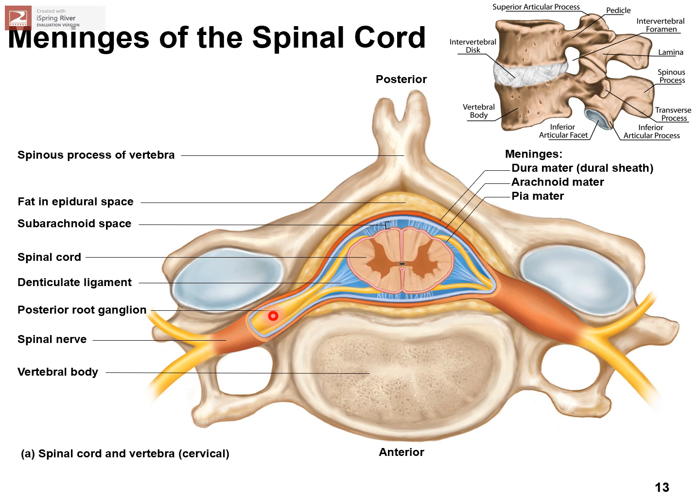So keep in mind, a posterior root ganglion contains sensory nerves that carry information from the body towards the central nervous system. The anterior roots contain the nerves that conduct nerve impulses from the central nervous system to the effectors.